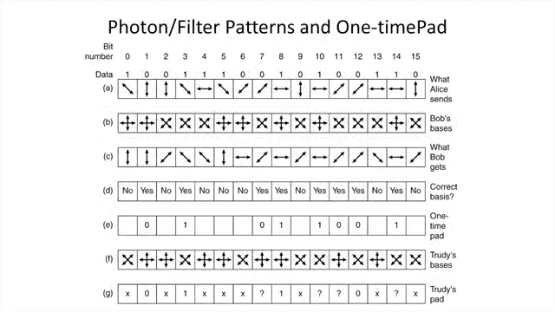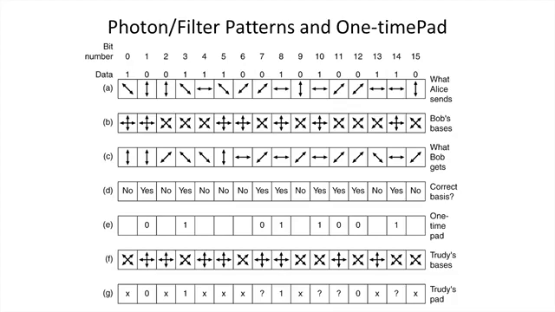Here is a picture of what actually happened based on that simple scenario. Alice picked a one-time pad, 100, 111, 001, 010, 0110. Alice randomly picked the filter type to send the signal. See row A here.